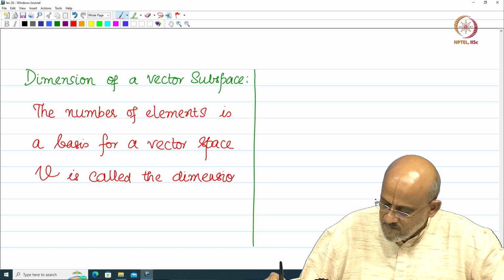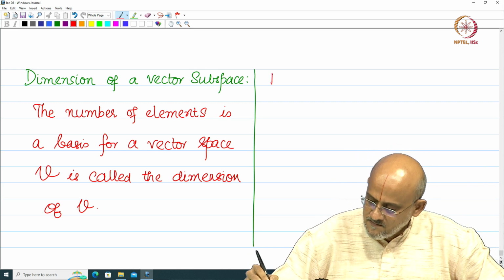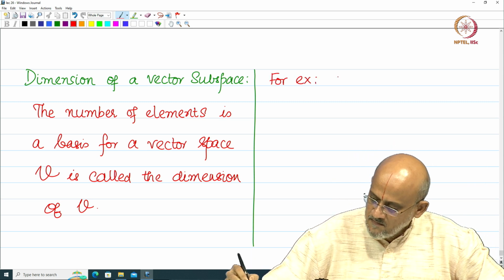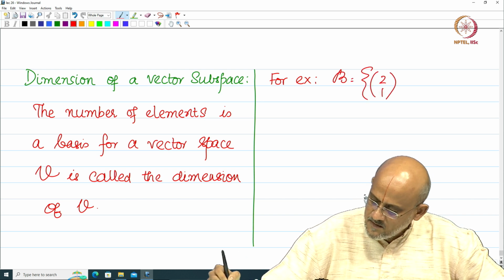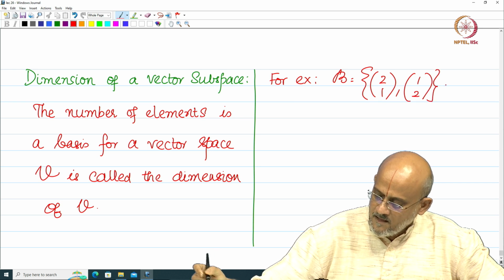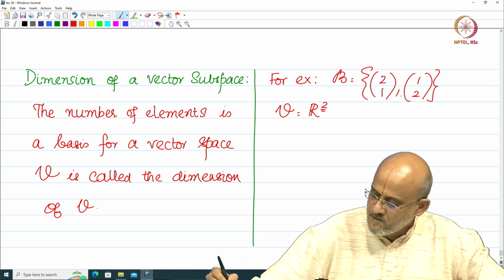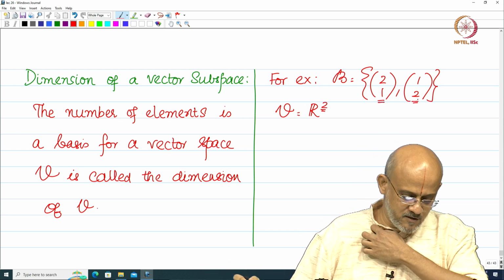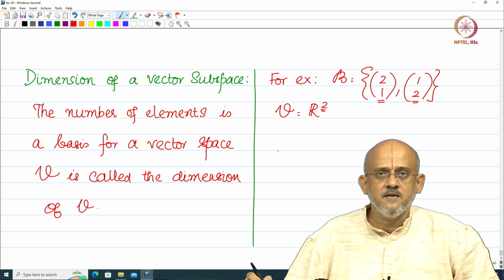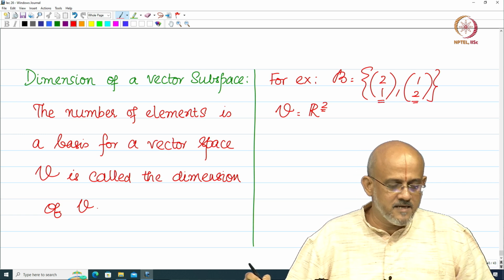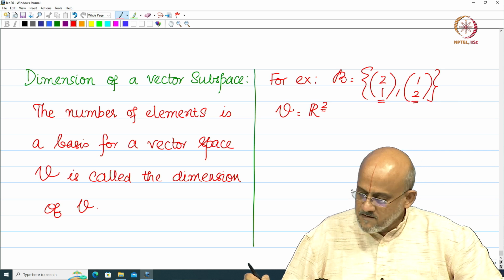It is called the dimension of V. For example, B is equal to (2,1), (1,2), and we looked at V, the vector space, which was basically R2. So, this number is the same as the number of vectors in the basis, and we are going to make a few statements here. We all know that the basis is a linearly independent set of vectors which spans a vector space.